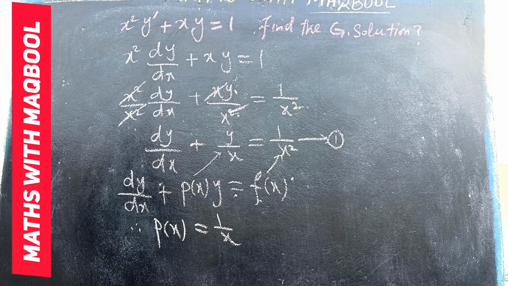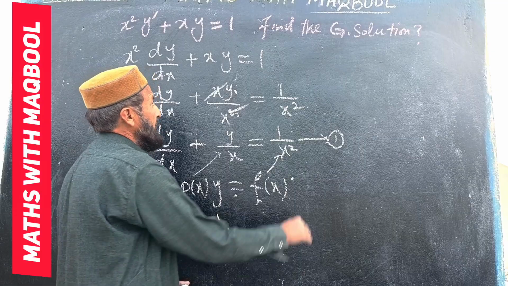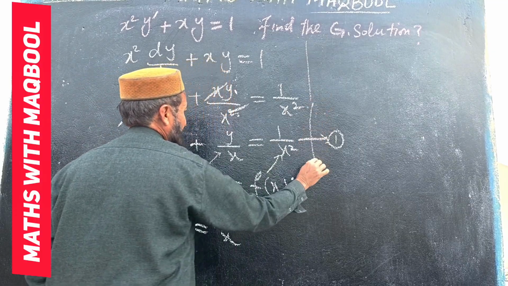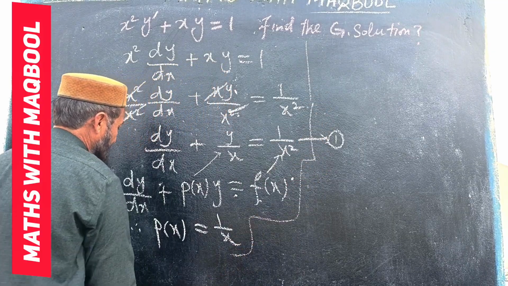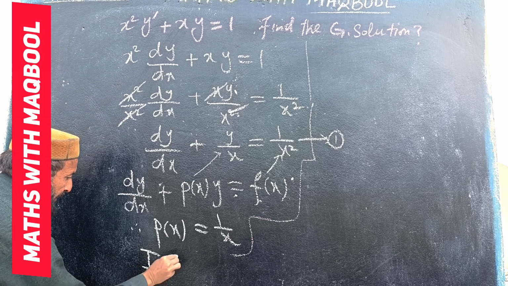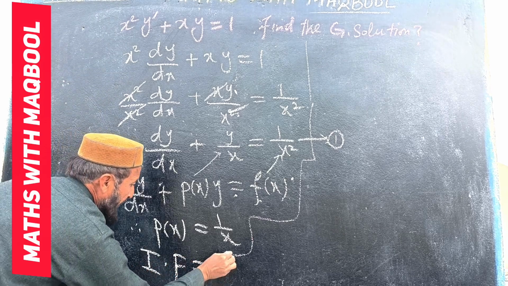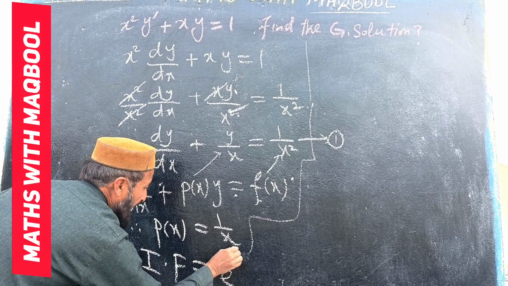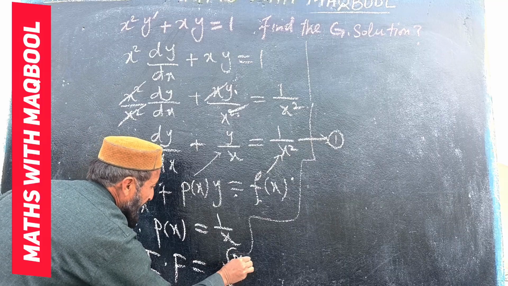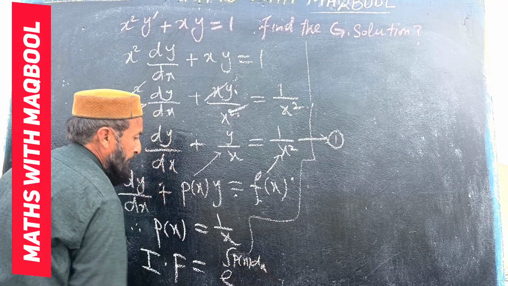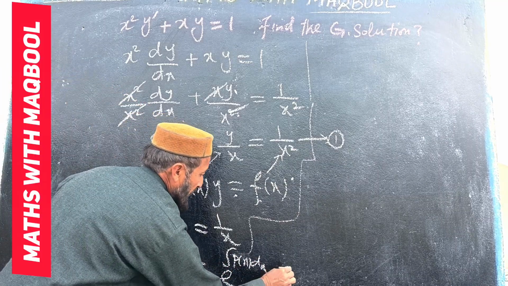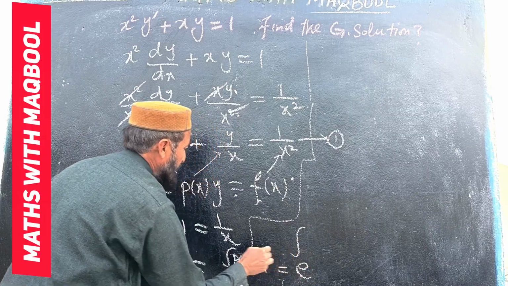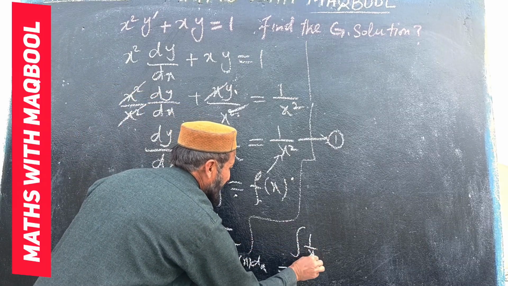Now we try to find the integrating factor of this equation. The integrating factor is equal to e raised to the integration of p of x dx.